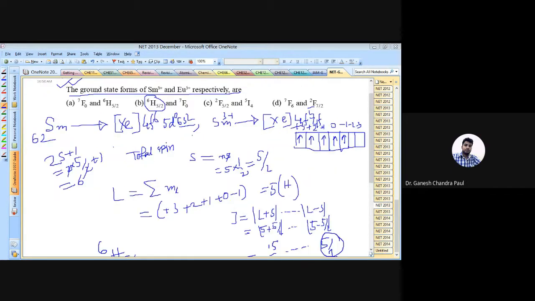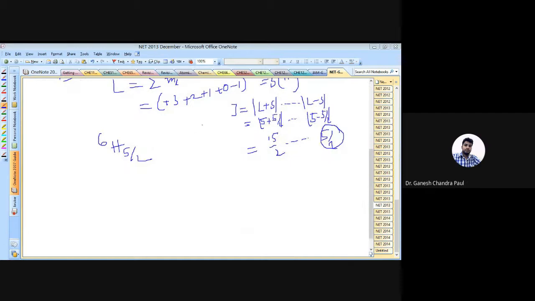Now similarly, find out the ground state term of the europium 3+ ion. The atomic number of europium is 63. So accordingly the ground state electronic configuration is xenon 4f7 5d0 6s2.